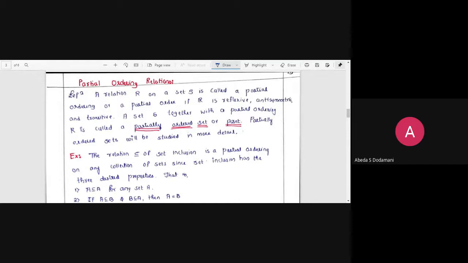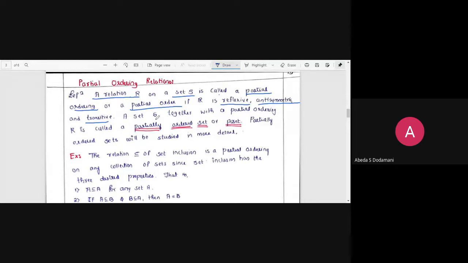There is a relation R on a given set S. This relation is called a partial ordering or a partial order, both are fine, if R is reflexive, anti-symmetric and transitive.